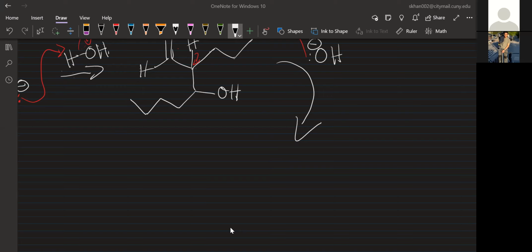Well, it forms a carbanion, right? And then basically the lone pair turns into a double bond, kicks the OH, right?